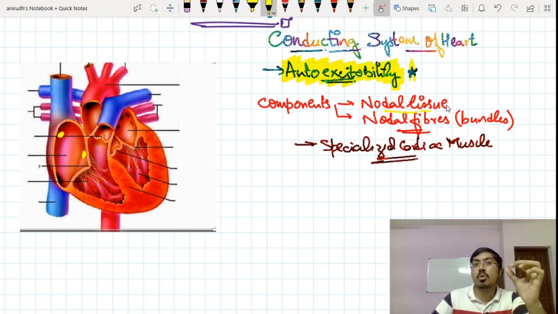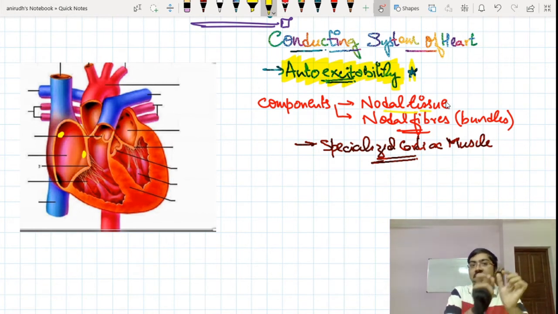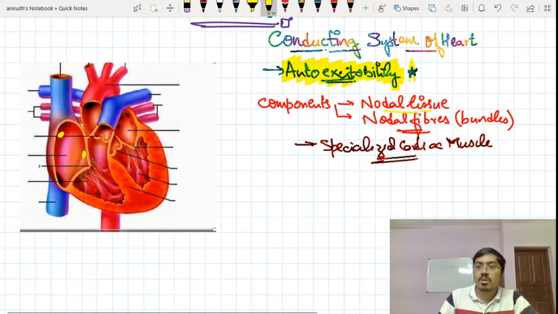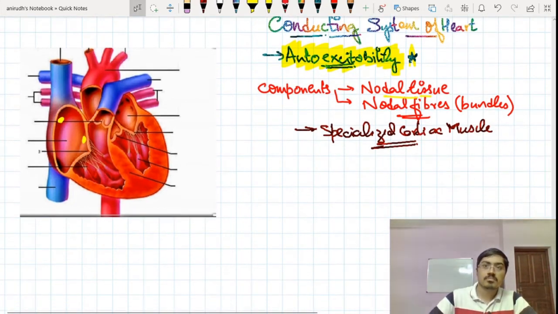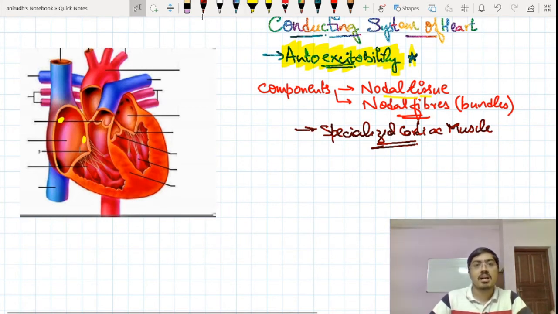These are certain localizations, certain areas, some bit of tissue over there forming a node-like structure. That is why you will call them the nodal tissue. Okay, so what are these? These are specialized cardiac tissue. The heart is made up of cardiac muscle. Now these are certain specialized parts. They have some speciality. They are specialized in such a way that they are going to produce the impulses, right?